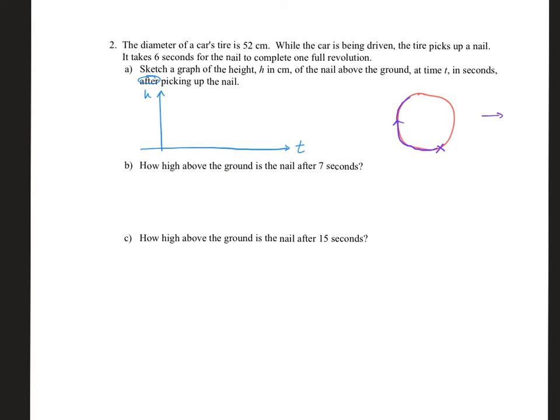It's then going to increase up to its maximum. The height then decreases, and then it returns all the way down to the ground. And so if we were to start with that, we pick up the nail on ground level, the height of the nail increases.